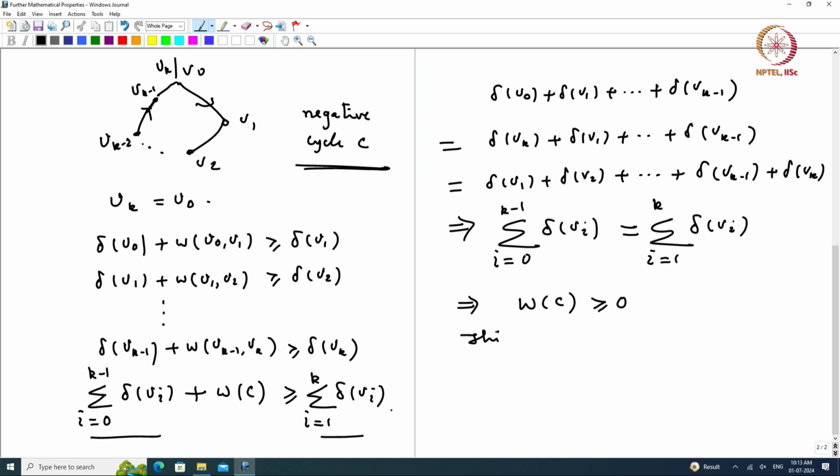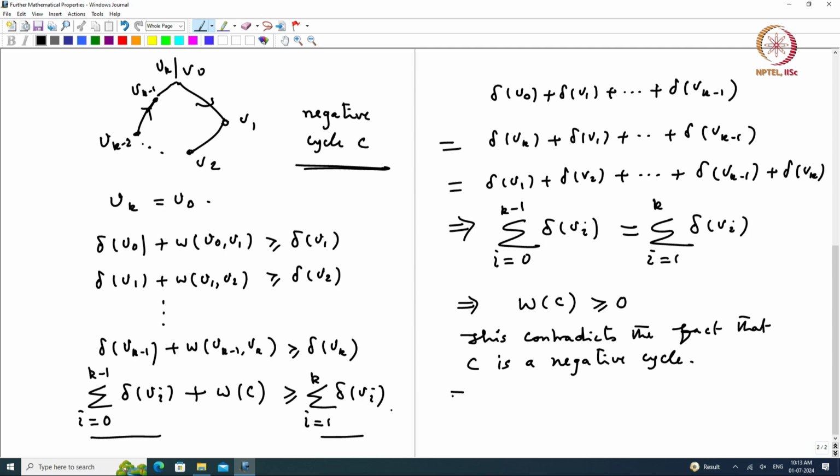This contradicts the fact that C is a negative cycle. C is a negative cycle.